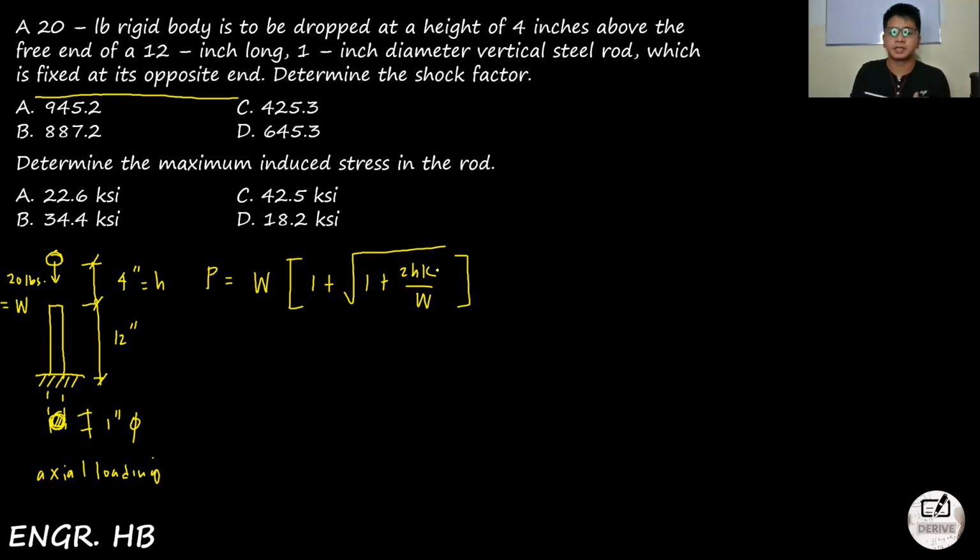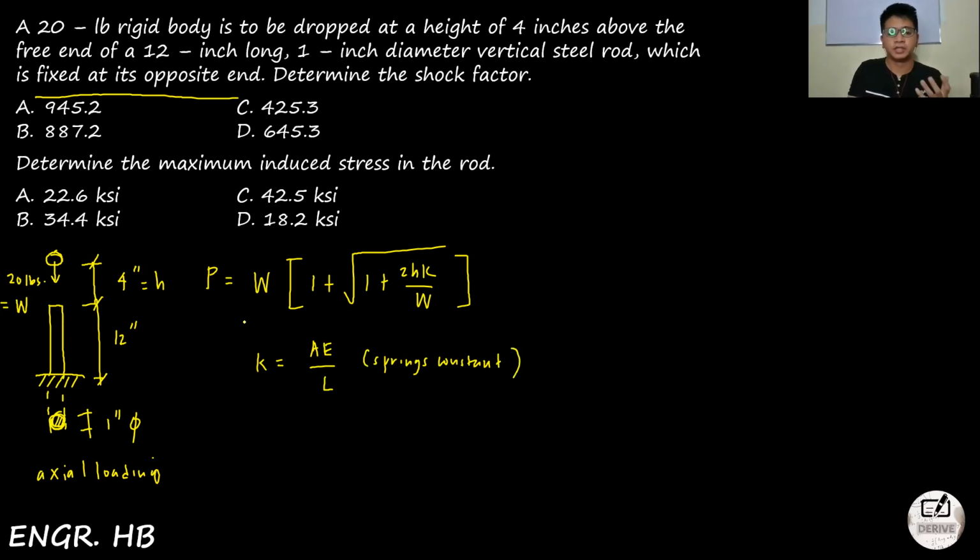Yung H, yung height ng babagsakan. K is spring constant. For this scenario, K is equal to AE over L, where A is the cross-sectional area, E is the modulus of elasticity, and L is the length of the rod. Basta ang scenario is fixed at its opposite end, that's for an axial loading scenario.